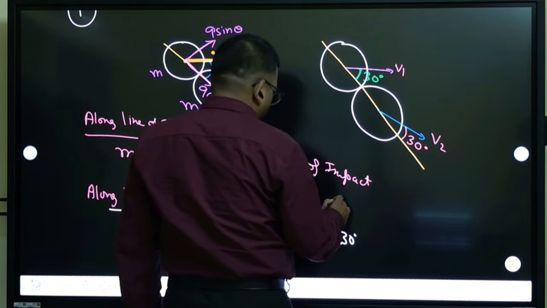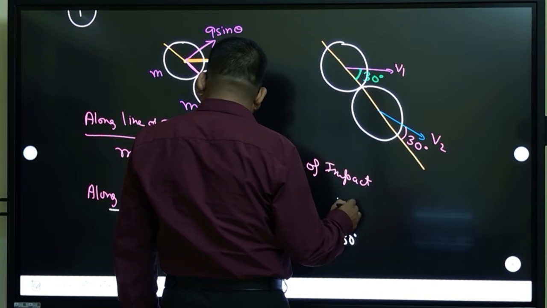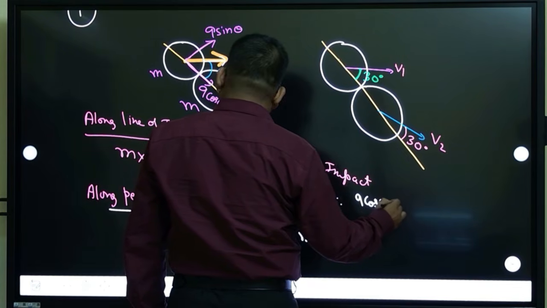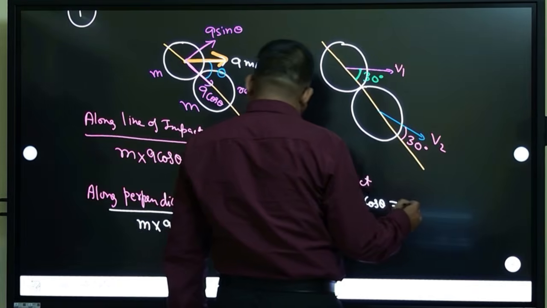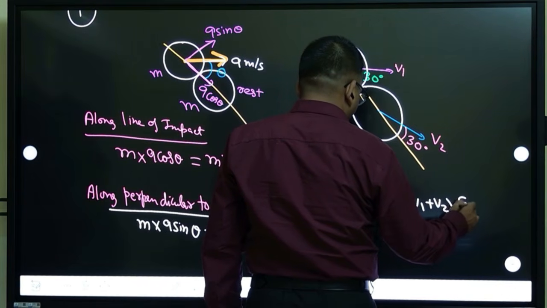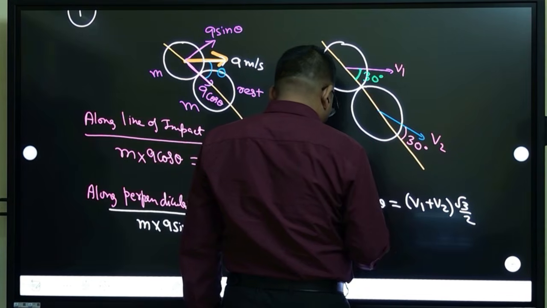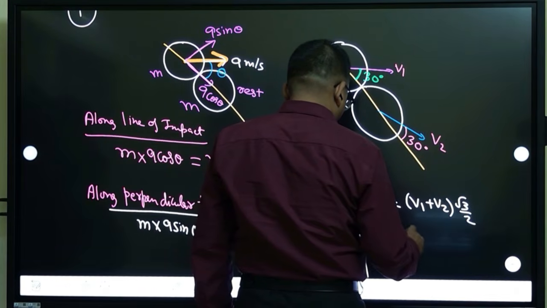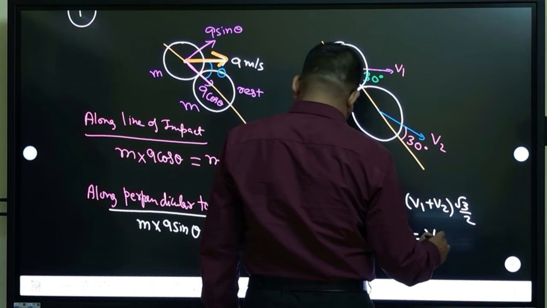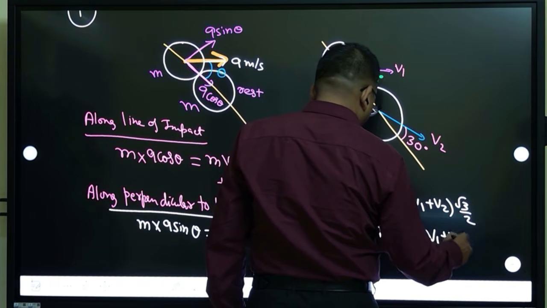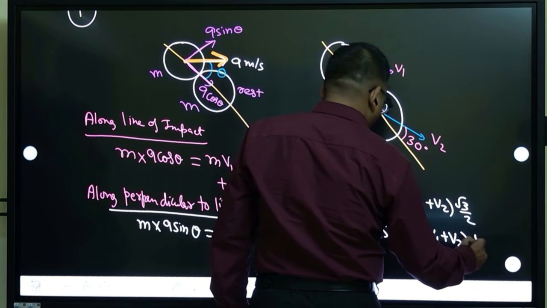Okay. First equation, suppose we cancel m. This is 9 cos theta is equal to cos 30 degree take common, so (V1 plus V2) cos 30 degree, which is root 3 by 2. Second equation is 9 sin theta equals (V1 plus V2) sin 30 degree, which is half.